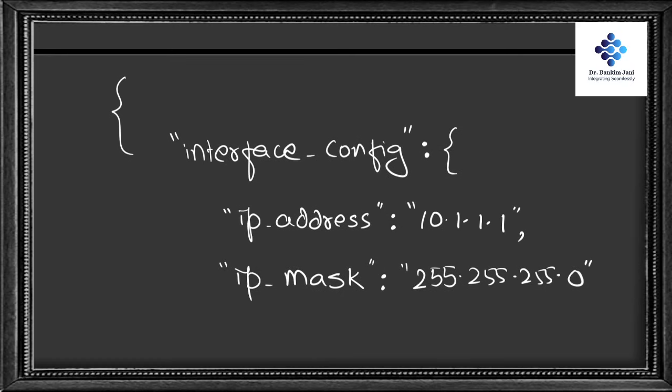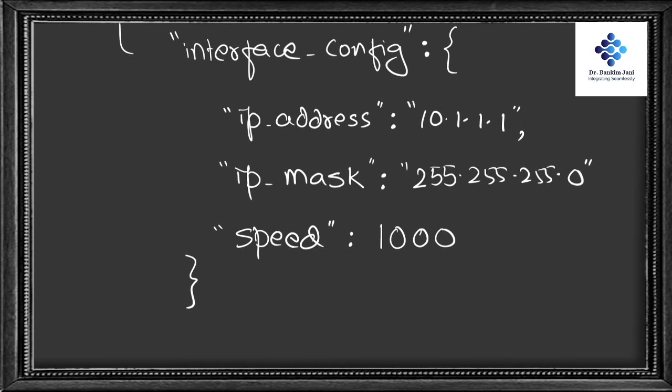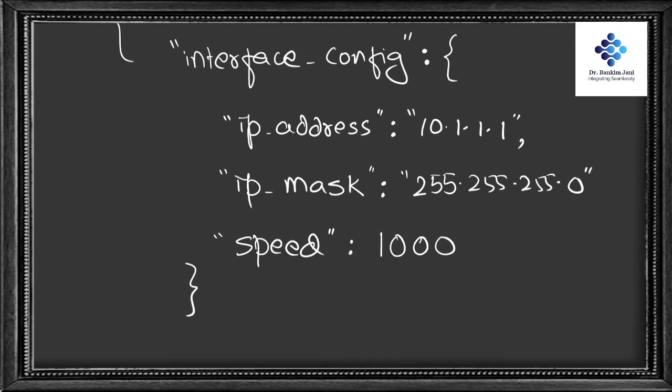Because we are dealing with an interface, let's add one more thing. Let's say we want to go for the speed. So a specific number, and then we close this, and we draw one more curly over here.